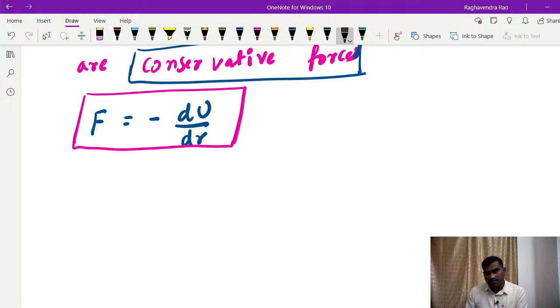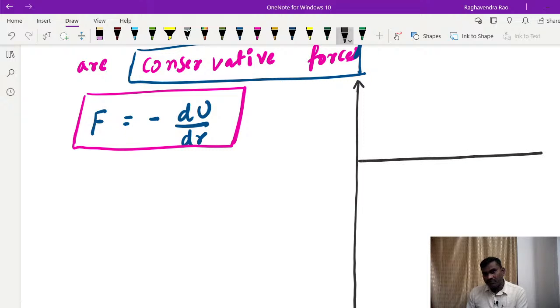Now we can take a single graph which is useful to represent both the force and the potential energy. The graph looks like this.